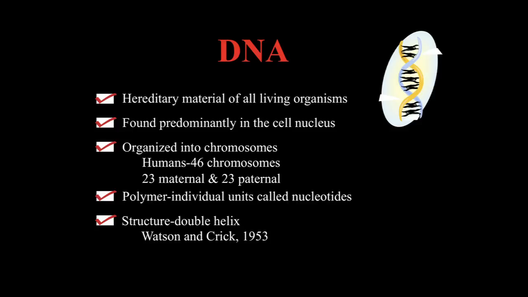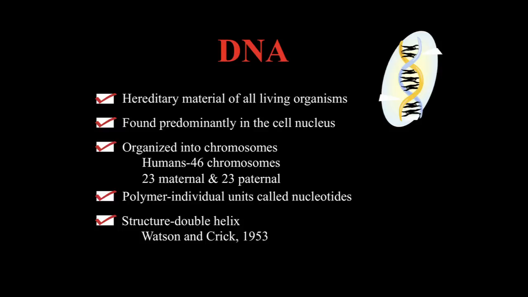As we know from previous lectures, but it's worth restating here, DNA is the hereditary material of all living organisms, and it's found predominantly in the cell nucleus. However, I want to remind you that there is DNA associated with mitochondria, which are maternally inherited, and that DNA can also be used in forensic investigations.